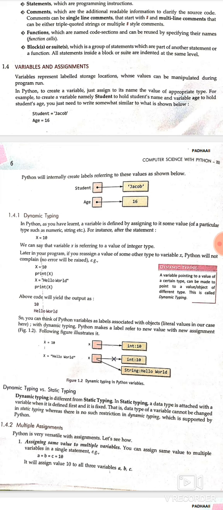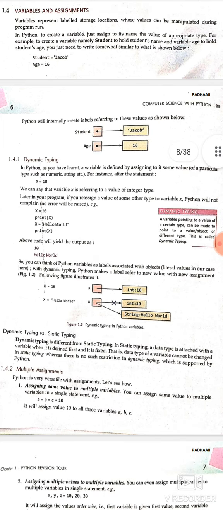Python is creating two places named student and age, and in the place of student it is entering Jacob and age is 16. So two addresses are being created. Python will internally create the labels and then assign the values to them.